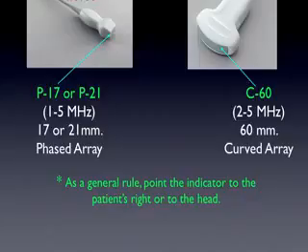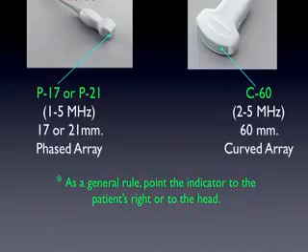So, as most of you know, there are many different types of probes. To examine the organs that are in question here, we're going to use a low frequency probe, where we can look at deep organs. So we're going to use a phased array probe or a curvilinear probe. So the P17 or P21, beginning with P for the word phased, and the C60 in this case, another low frequency probe, beginning with the word C for curvilinear.